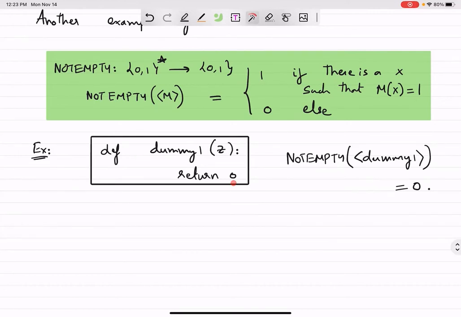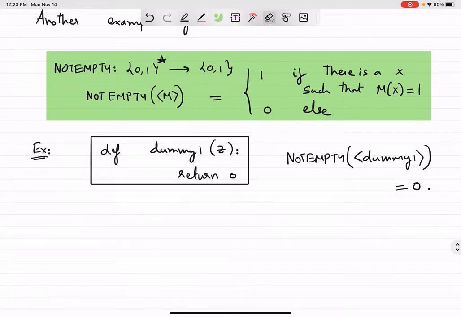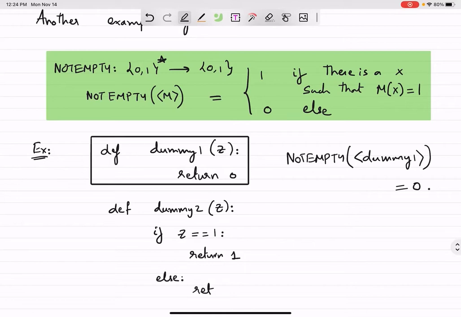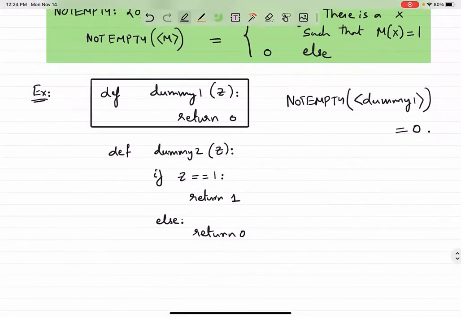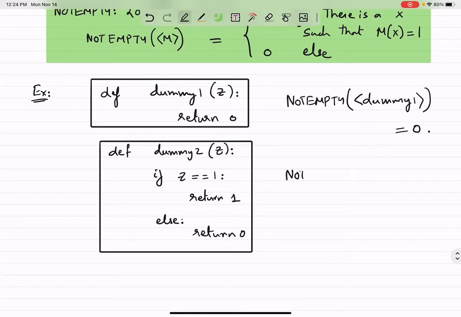Now let's say this is another program. What is not empty of dummy2?